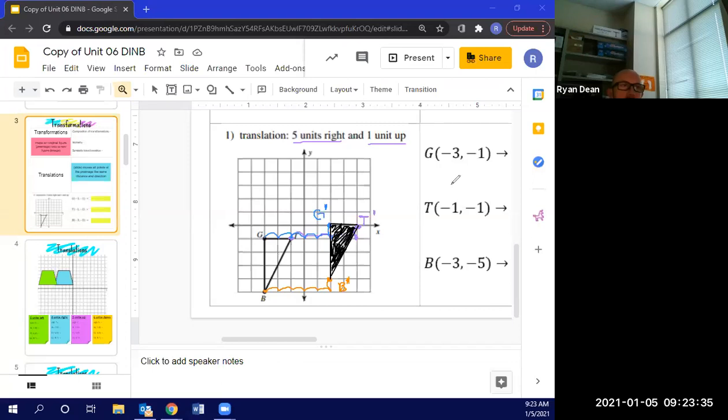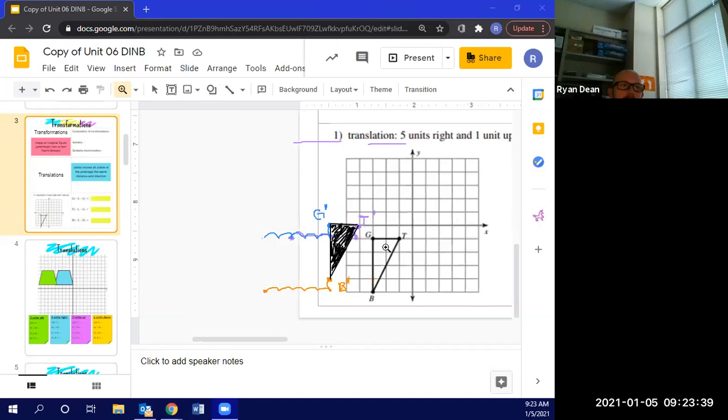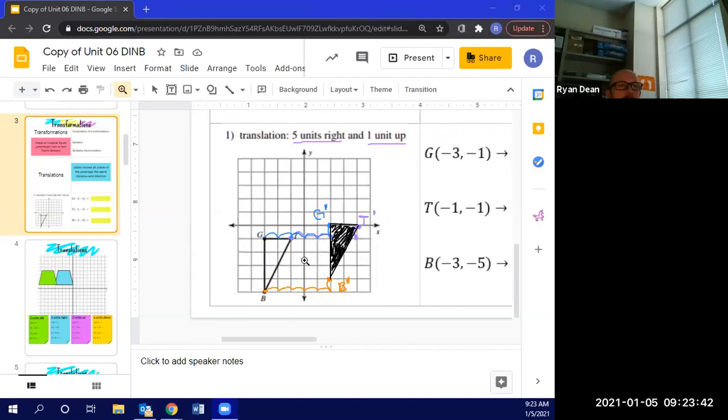The pre-image does not have anything shaded in, and it doesn't have the apostrophes, but the image has the apostrophes and the shape is shaded in. Okay, so this is what it looks like whenever you use pen or pencil and paper.